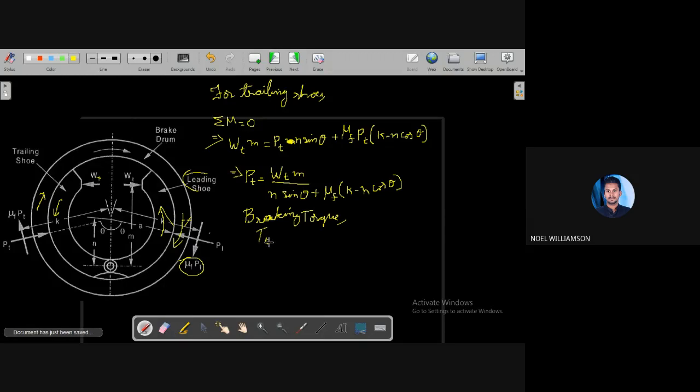Torque for trailing shoe, TT, is mu F into PT into K. While substituting the relation for PT, we will get the final relation as braking torque TT equal to WT into M into mu F into K divided by N sin theta plus mu F into K minus N cos theta.